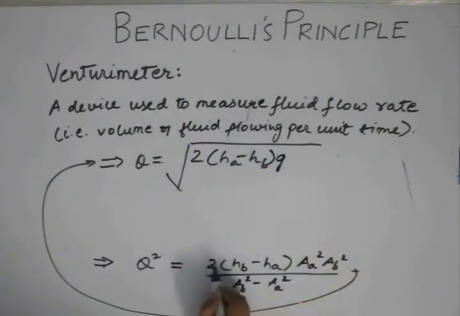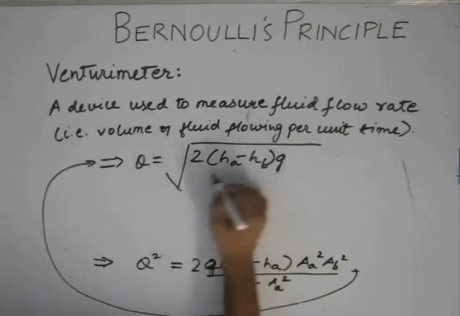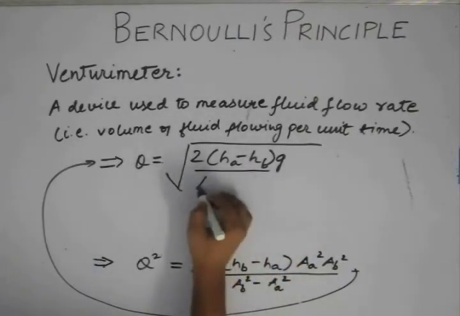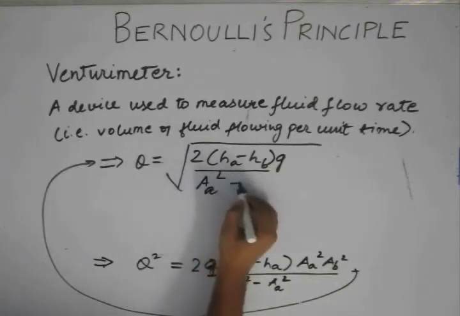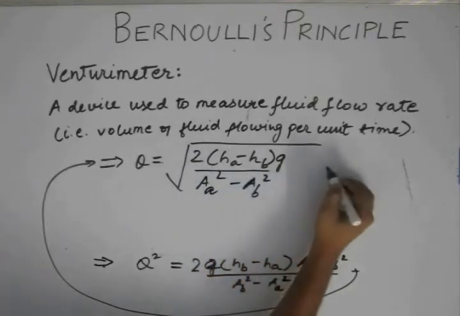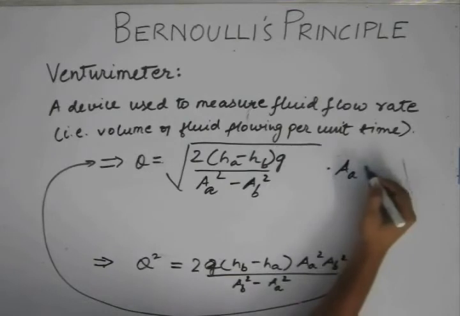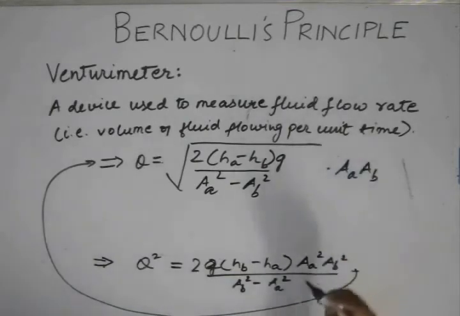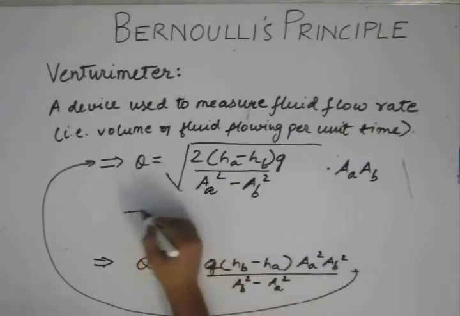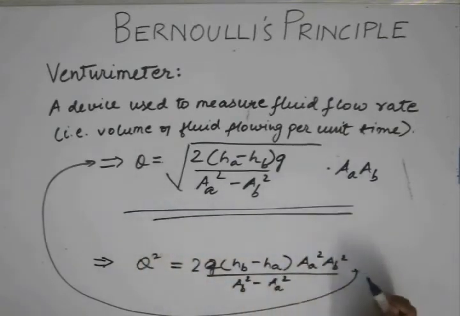There should be a g also, I am so sorry. There should be a g here. Divided by (AA square minus AB square), into AA and AB. This is going to be the volume flow rate of our venturimeter.